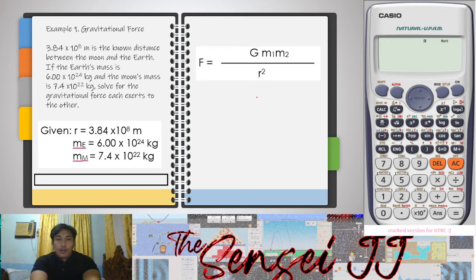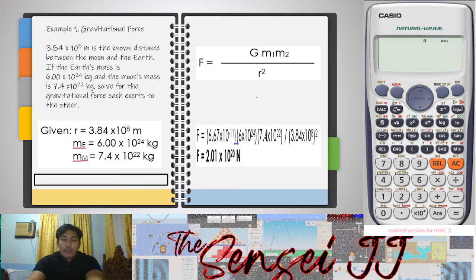Using the formula F equals G, the gravitational constant, times mass 1 times mass 2 all over r squared, we can have the force of 2.01 times 10 raised to 20.